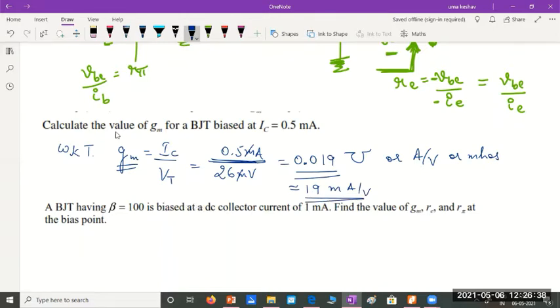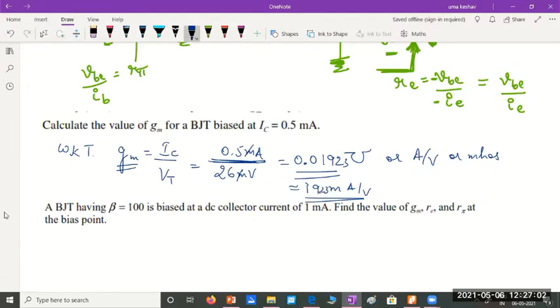Okay. This would be the value of gm. If the next decimal is more than 5, you make it 20. I'm not sure what is the next decimal here. It's 2, 2, 3. Okay. So let's keep it as 19.23 milliampere per volt.